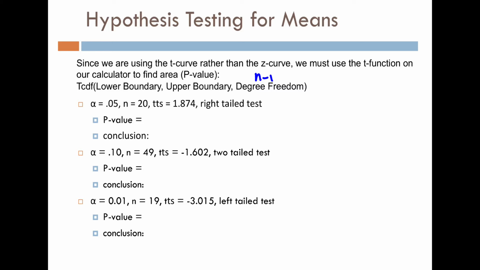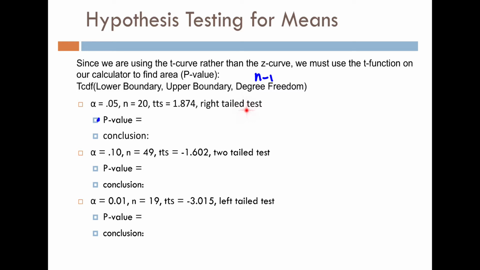All right, so let's look at a couple of examples here. Let's say we're running a hypothesis test, and in this situation, alpha is 0.05, so that's our significance level. N is 20, and our t-value is 1.874, and this is a right-tailed test, meaning the underlying alternative hypothesis has a greater than symbol.